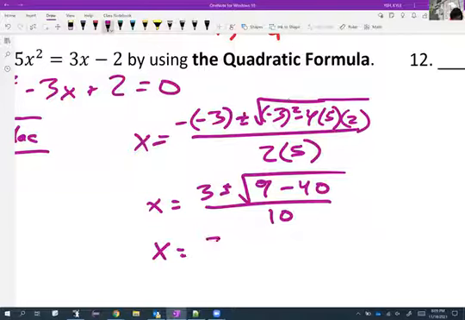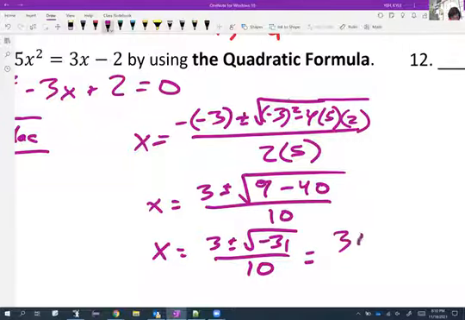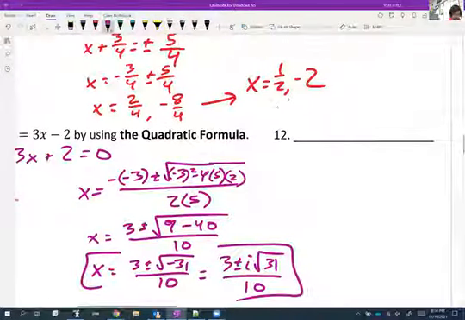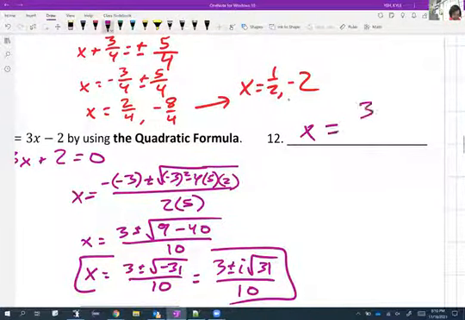X is equal to 3 plus or minus root negative 31 all over 10. And typically we would simplify that and just pull the i out. 3 plus or minus i root 31 over 10 for my solutions. 31 is a prime number, can't break that radical down. X equals 3 plus or minus i root 31 all over 10.